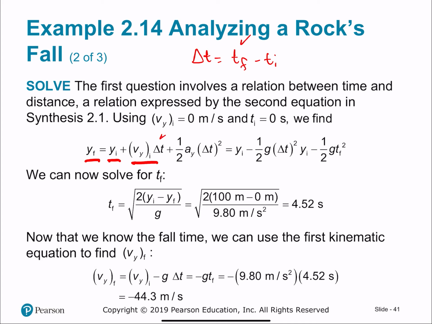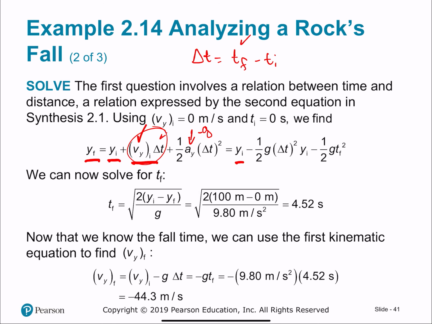And then you have plus 1/2 acceleration times delta t squared. In here, we're going to have minus g, right? Because that is our acceleration.